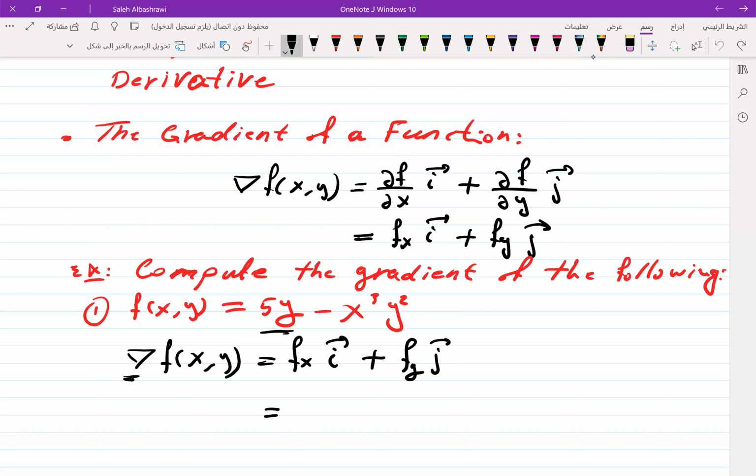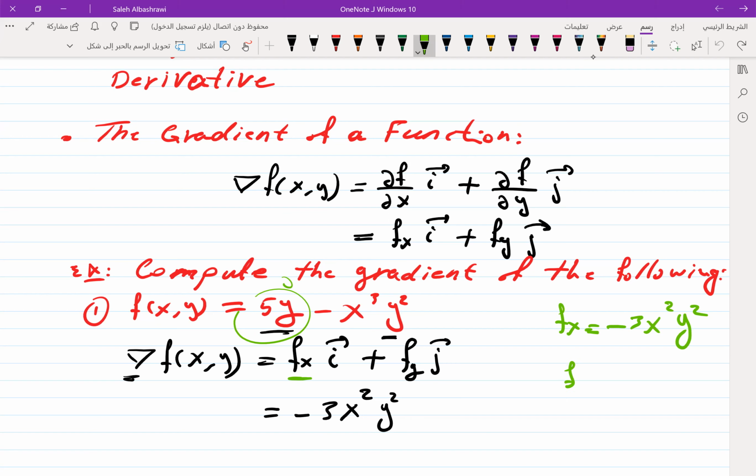The partial derivative with respect to x is equal to minus 3x squared y squared. F sub x equals minus 3x squared y squared. The first term is 0, because there is no x, so it is constant with respect to x.